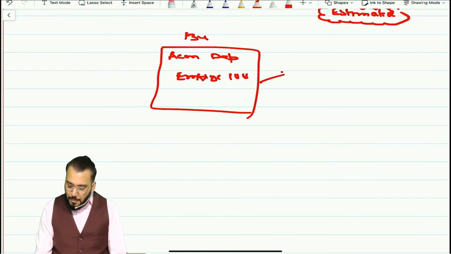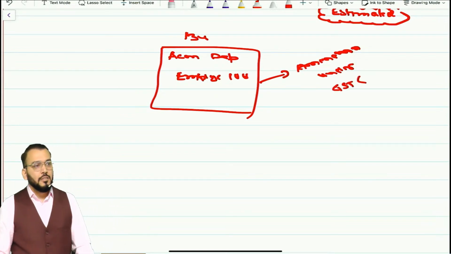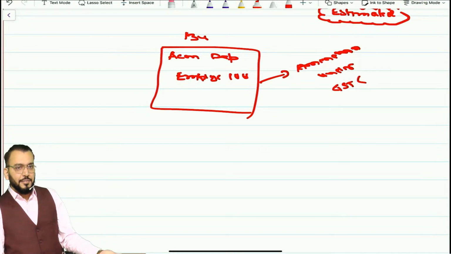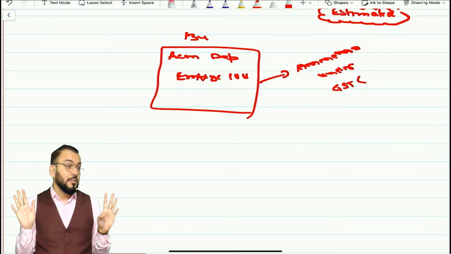Now what happened? There is some amendment under the Income Tax Act, or let us say GST came. A new act came, GST. Before GST there was VAT. Now GST, believe me, I also don't know anything about GST.